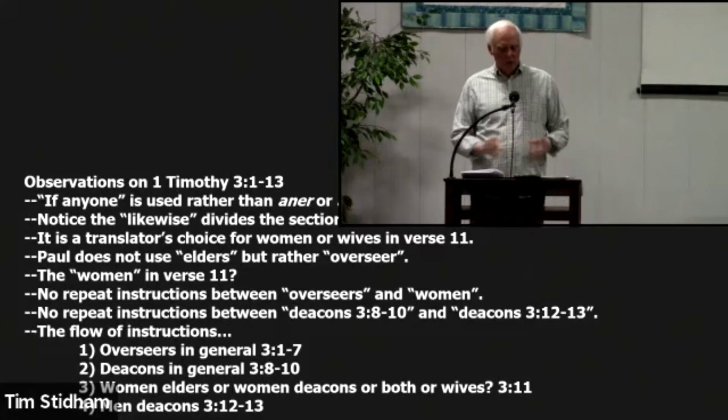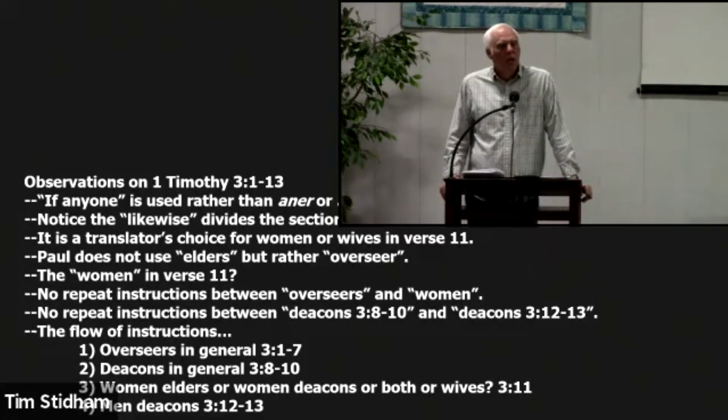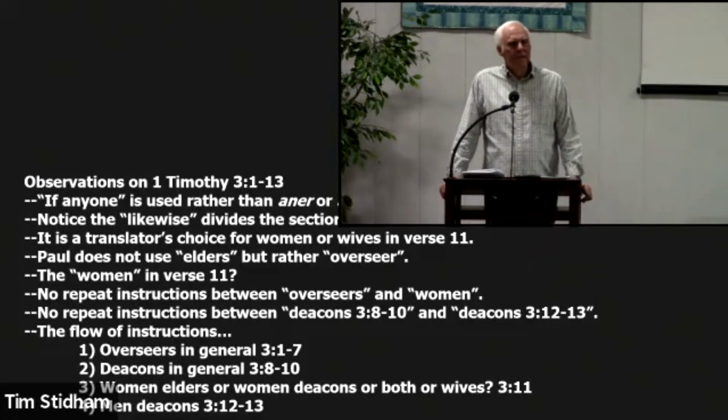The question that just came to my mind was, if you look at the back and forth as you go through that sequence, you have the elder or overseer shall be a one-wife man, and then you talk about women, and then you have deacon, one-wife man again. The only other time you talk about a gune up until that point in this section is as the wife of an elder.